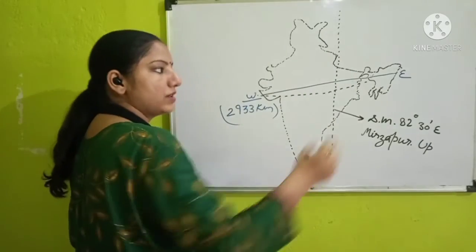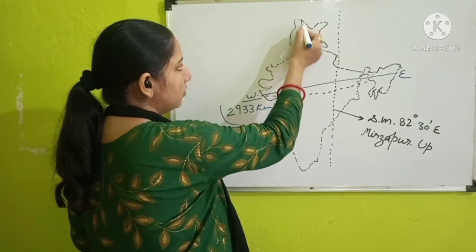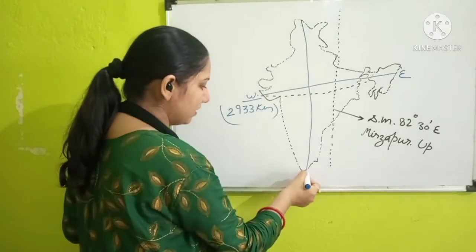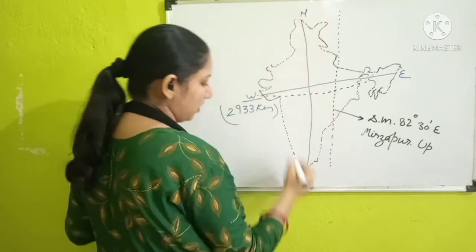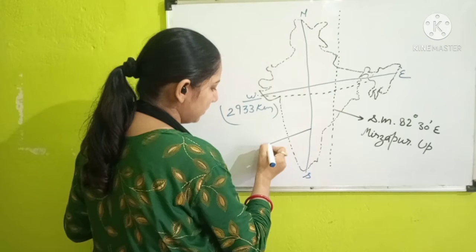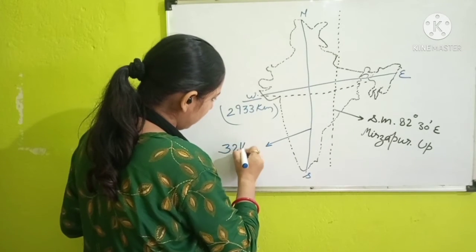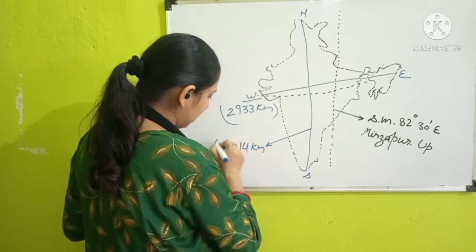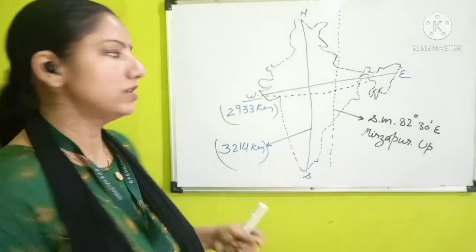And if we divide our country into two equal parts, the total distance from north to south is around 3,240 kilometers. So that is the size of our country.